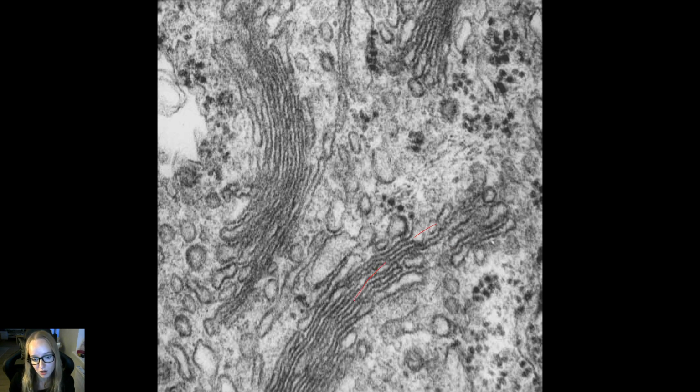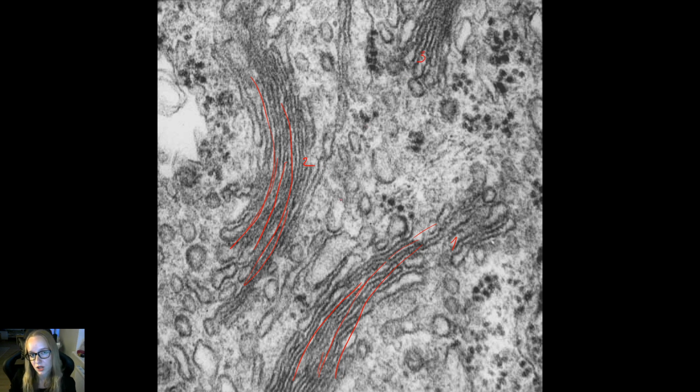There is also a Golgi complex right here, some cisternae right here, and it really looks like there are many. There is one Golgi complex, second Golgi, and third one, but really that's not true.